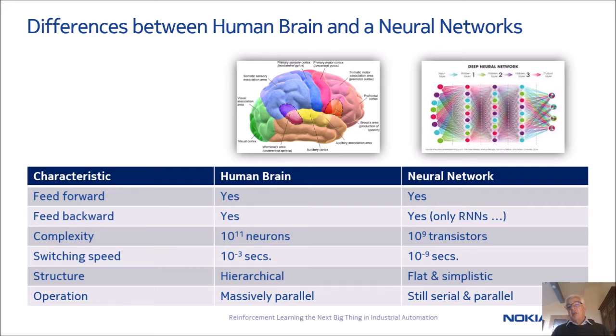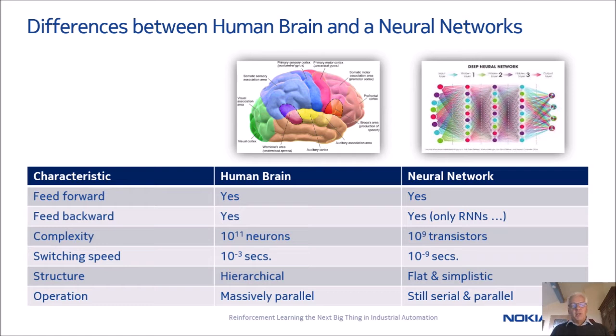Also, human brains and neural networks have this kind of feed-forward processing. But the human brain also does feed-backward processing, so it's also processing the other way around, in the opposite direction. This is only partially true for neural networks. You have RNN or LSTM networks, which have some feedback loop as well. But in plain neural networks, you just have feed-forwarding.